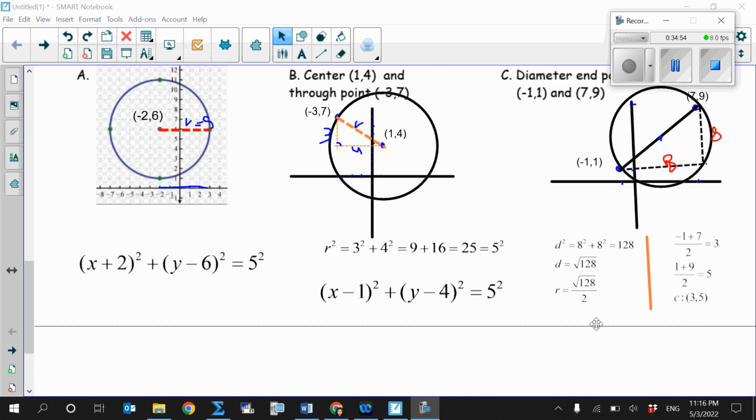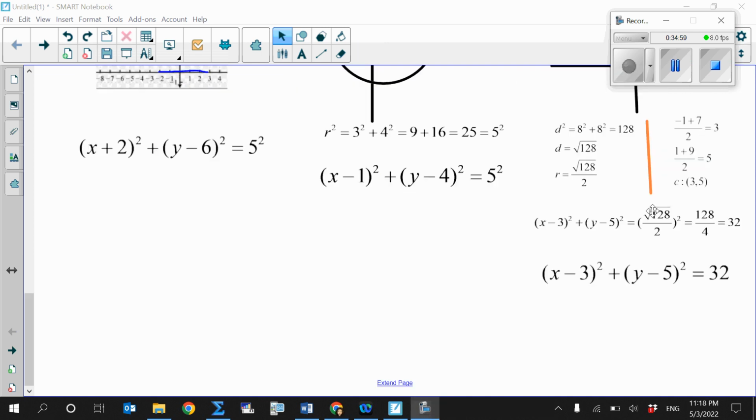Use the standard form of the equation of the circle. Okay, so we have x minus h, which is 3 squared, plus y minus k, that's 5. So it will be y minus 5 squared equal to, the radius is root 128 divided by 2 raised to the power of 2.